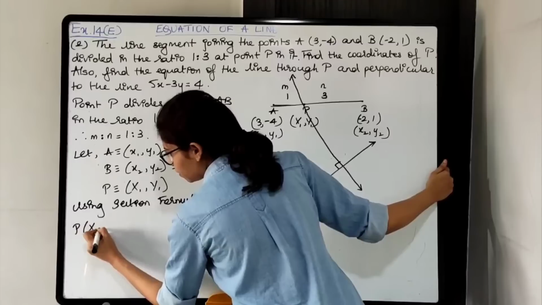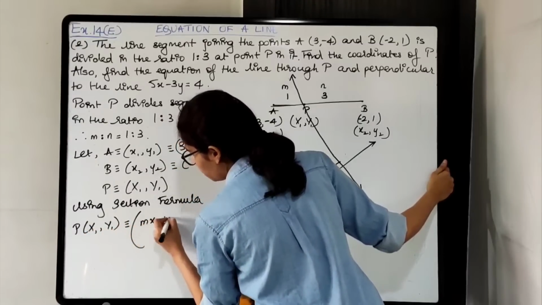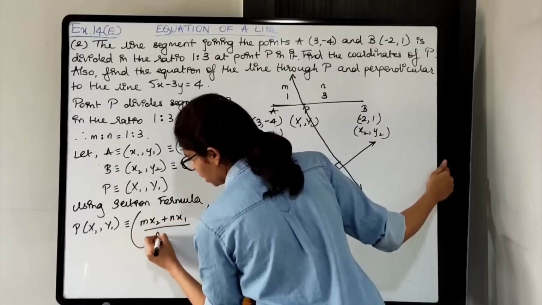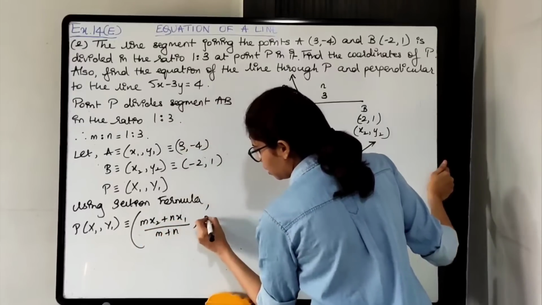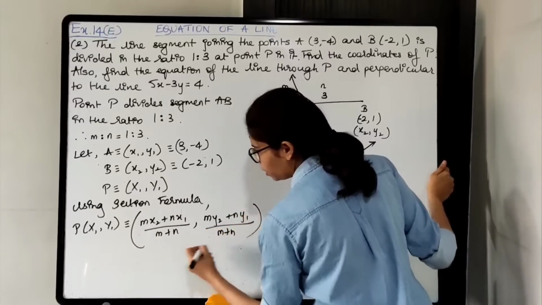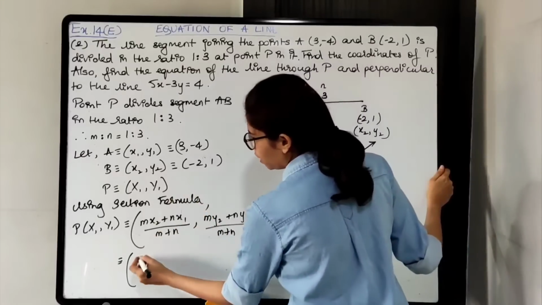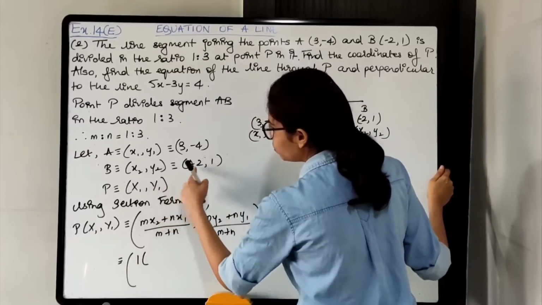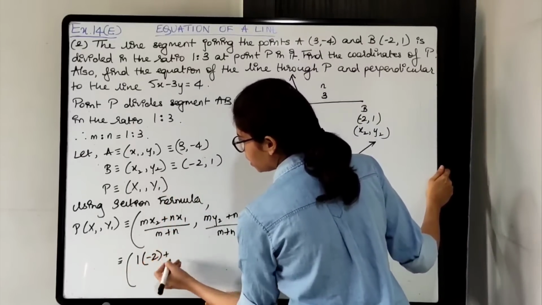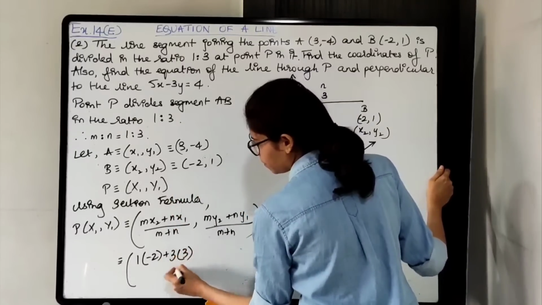P x1, y1 will be mx2 plus nx1 upon m plus n, my2 plus ny1 upon m plus n. Okay. M is 1, 1 into x2 is minus 2 plus n is 3, x1 is 3.